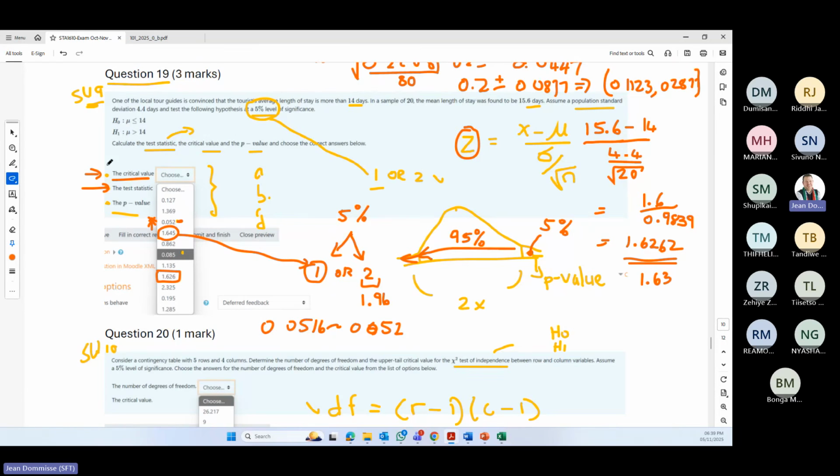Okay, so we've identified the critical value, we've identified the t-stat, and we've done the p-value in this one. And we're not going to ask you all three in the exam, unless it is the critical value is this, t-stat, p-value.